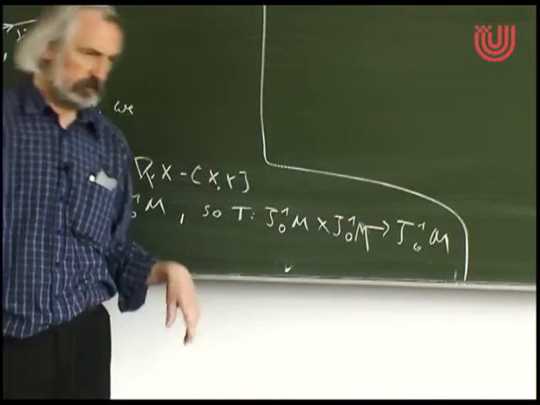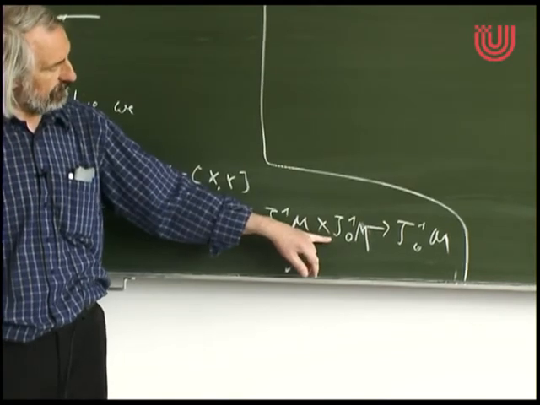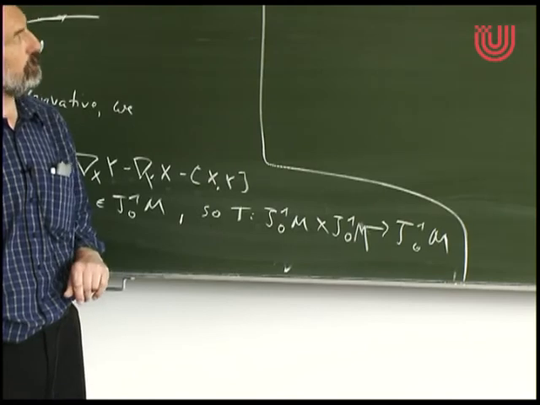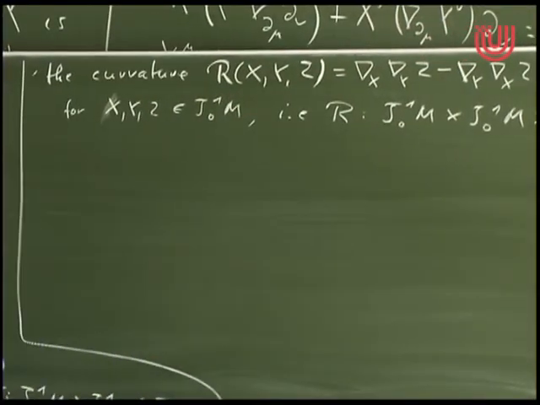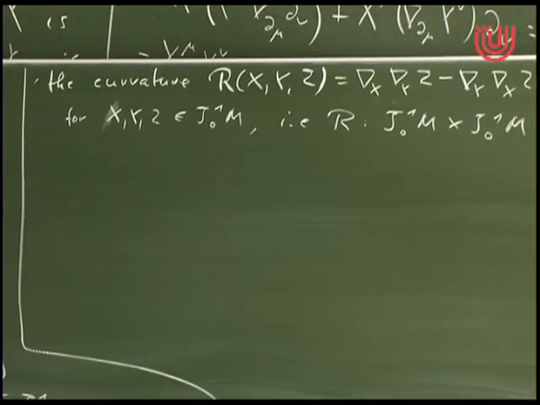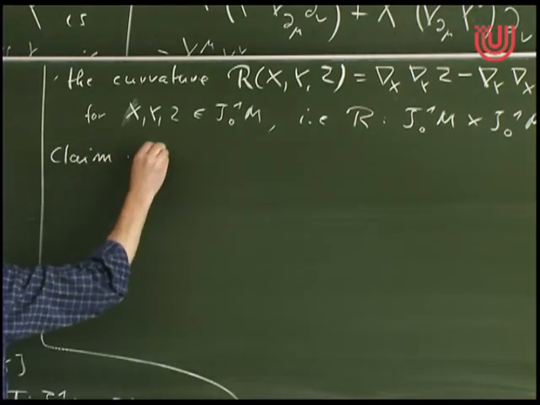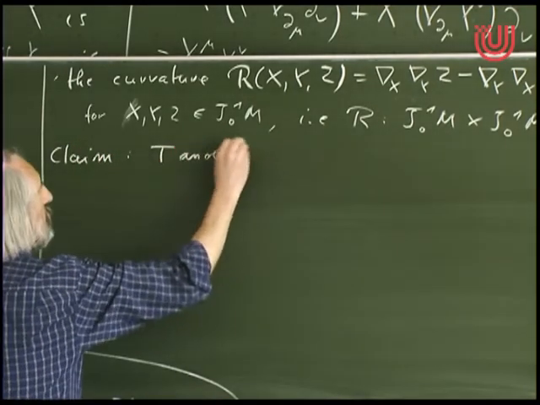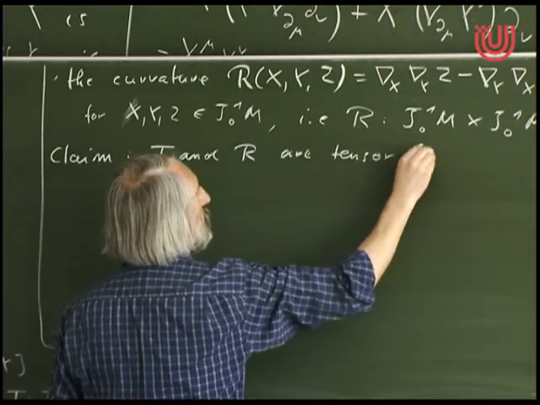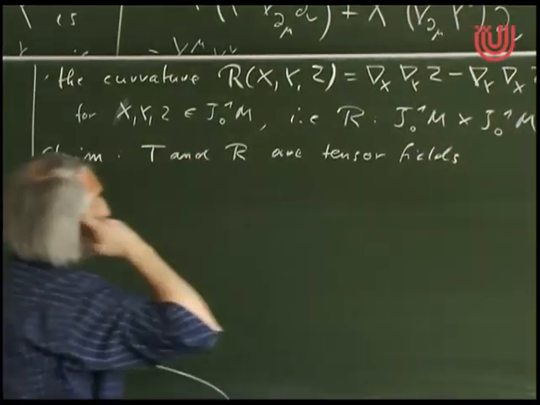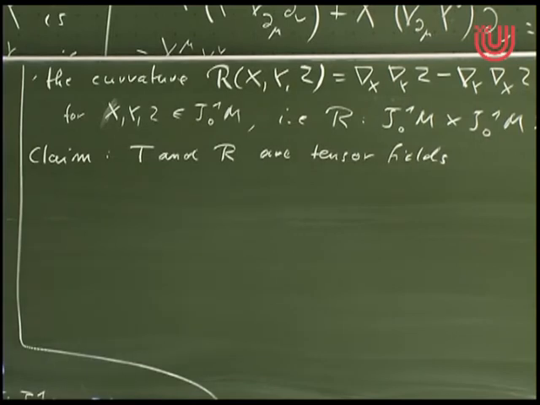Here, I will show, I think I can manage to do this today, that this is tensorial in both entries, and also for the curvature. So my claim is T and R are tensor fields, which means in particular that if T or R vanishes in one chart, then it vanishes in any chart.